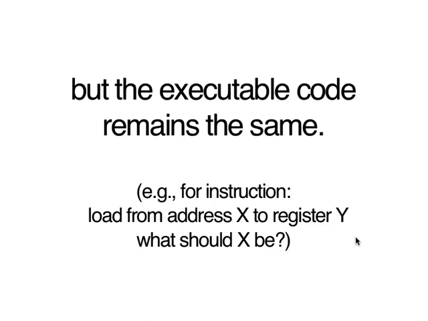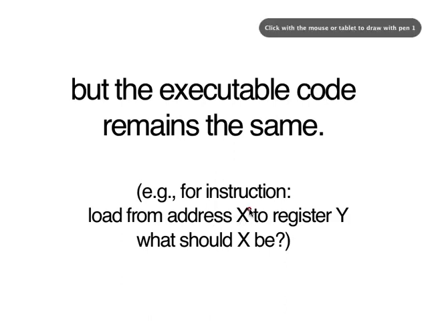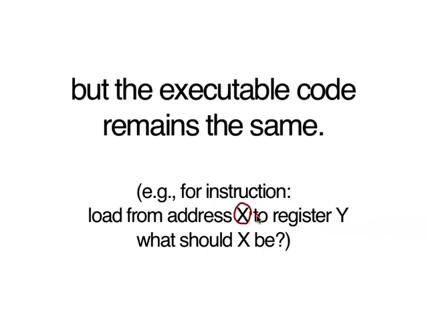Now, take for example, suppose you have an instruction that tries to load a content from a particular memory address into a register. Let's say my instruction says load from address X to register Y. When you generate this binary code, what should you put in place of the address X here?